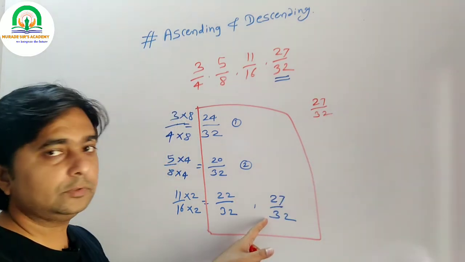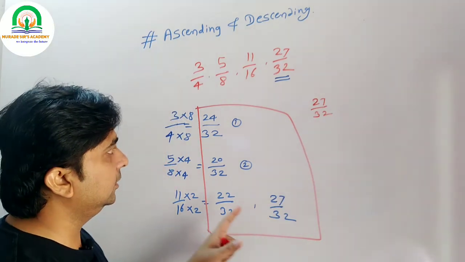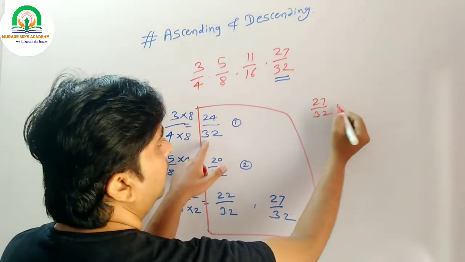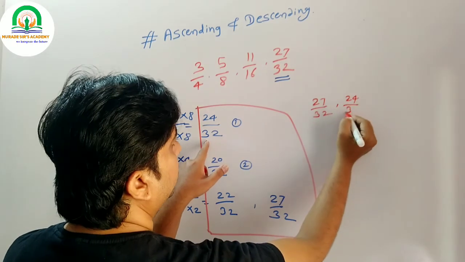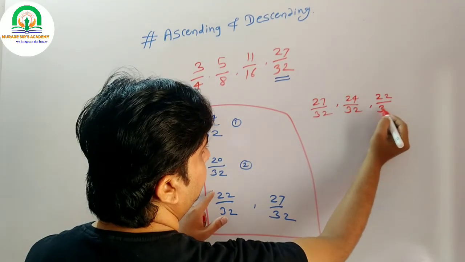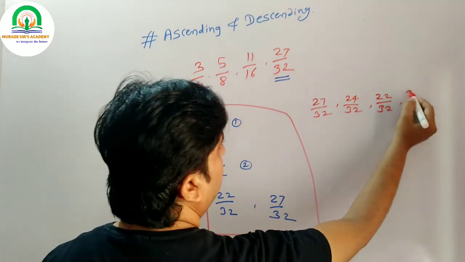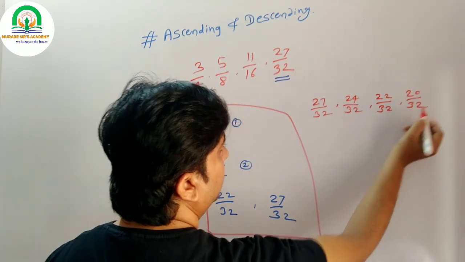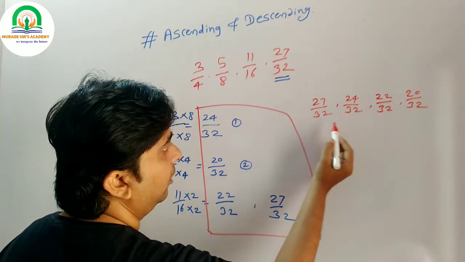Then 24 upon 32, then 22 upon 32 and 20 upon 32. Okay, this is the descending order.